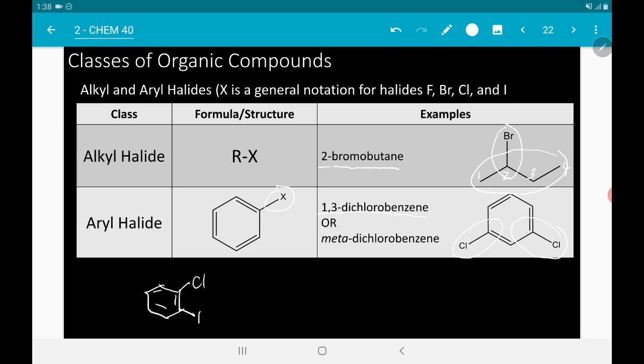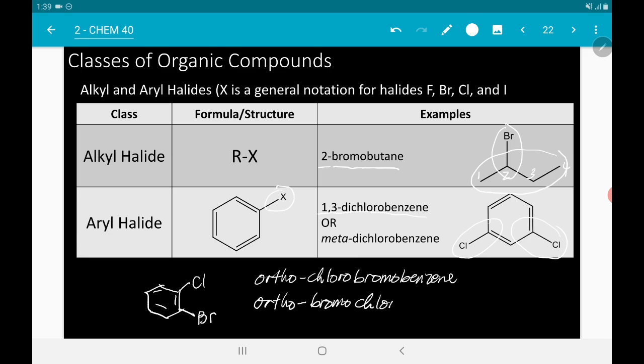Cl and Br. So, depende pa rin yan sa kung ano yung gusto mong itawag sa benzene. Kung pwede mo siyang tawagin ortho-chloro-bromobenzene. Okay? Or ortho-bromo-chlorobenzene. Okay?